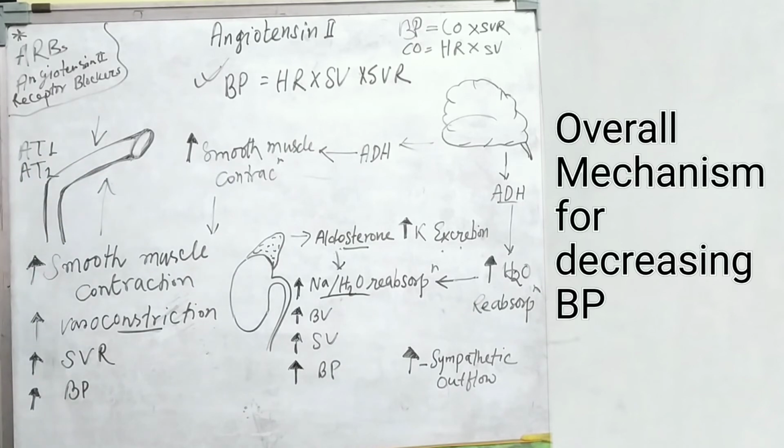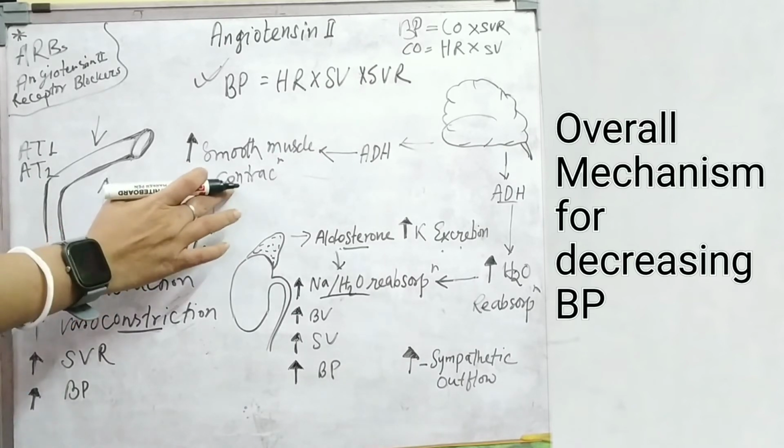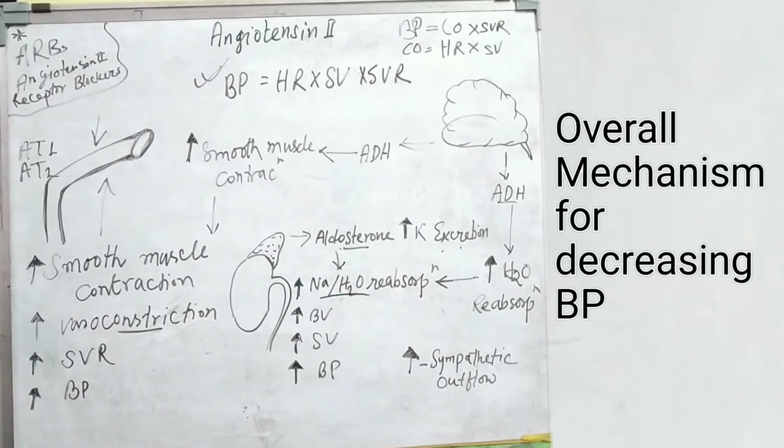These are the angiotensin 2 receptors present on the smooth muscles. It is mainly type 1 we are referring to as we discuss angiotensin 2 receptors. When angiotensin 2 binds to these receptors, it causes vascular smooth muscle contraction. Vascular smooth muscle contraction leads to increased vasoconstriction.